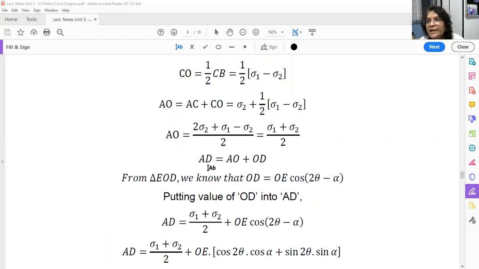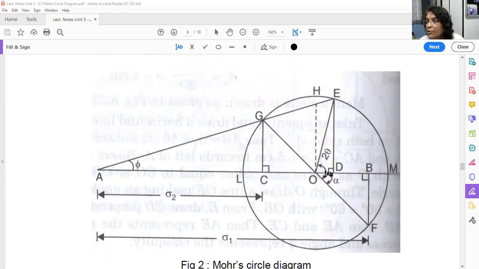Now what is OD? I have to find OD in terms of 2 theta and alpha. So consider this triangle ODE. This is a right angle triangle. This angle is 2 theta, this angle is alpha. So how much is this angle DOE? This is 2 theta minus alpha.